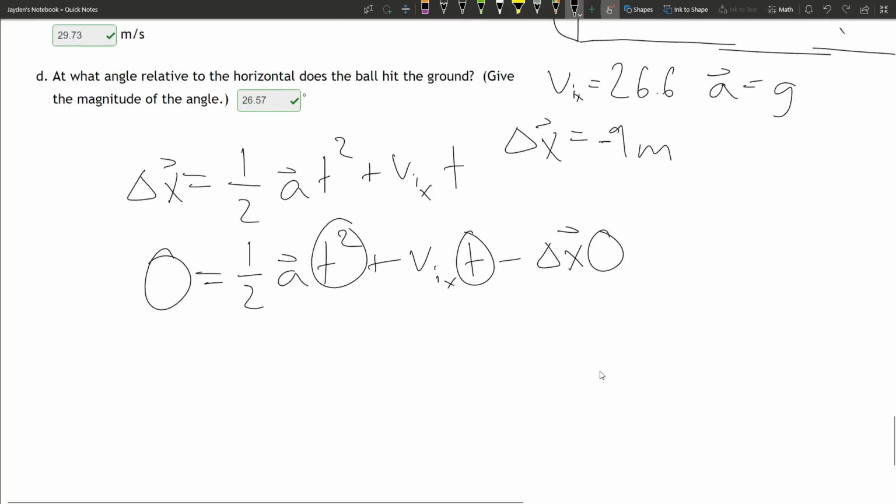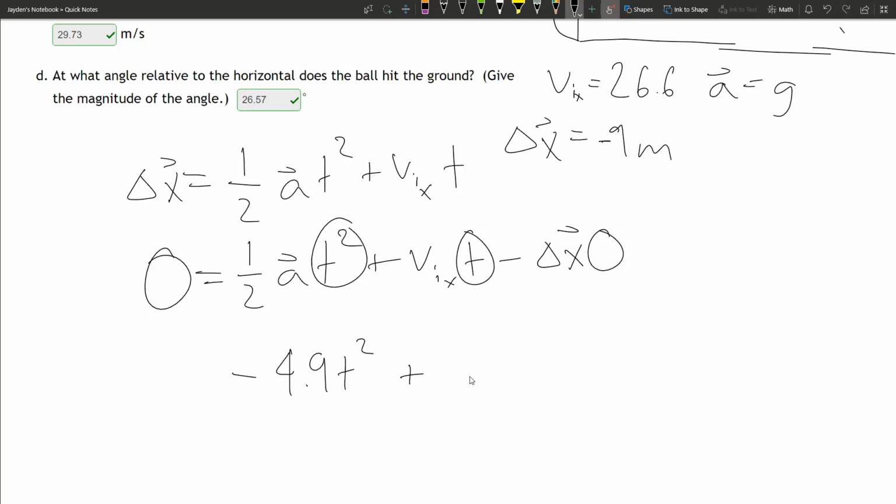So let us plug in everything. We know negative 1/2 times gravity, 9.8 meters per second squared, gives negative 4.9 t squared, plus initial velocity, 26.6 t, minus a negative value, so it'd be plus 9 meters.